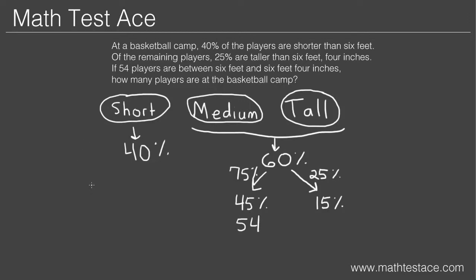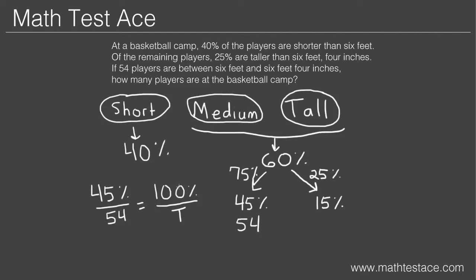So we set up a ratio. 45% of the players over 54 players is equal to 100% of the players over the total number of players. Let's just call it T for total.